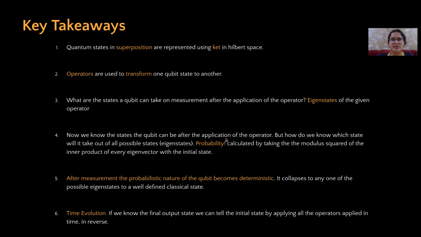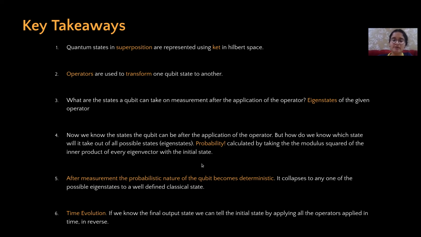So in a given qubit, maybe a qubit could be 70% in ket 0 state and 30% in ket 1 state. But after measurement, it will be either ket 0 or ket 1 fully, 100%. So before measurement, our qubit is basically in a probabilistic nature. It is in superposition and it exists in both ket 0 and ket 1 states. But after measurement, it is deterministic.